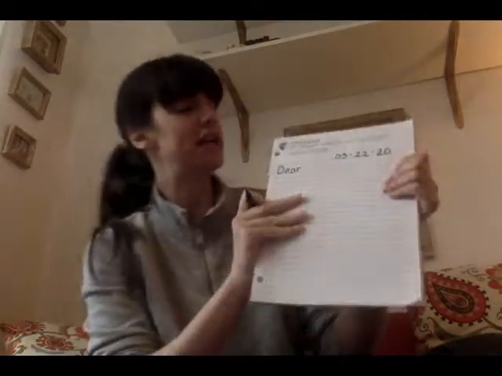Now, the next part of a friendly letter is the greeting. I have to put the name of the person I'm writing the letter to. And it's a friendly letter, it's to someone we know, so we want to include a friendly greeting. So usually you always start friendly letters by saying dear and then the person you're writing to's name.